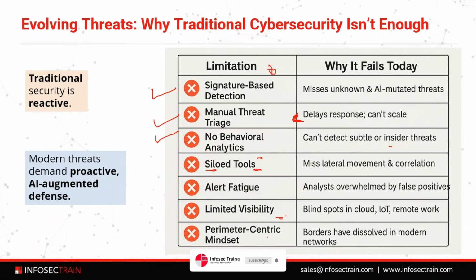Okay. Now, in your traditional approach, we had just the perimeter-centric mindset that, okay, we have this firewall over here that is acting in that perimeter. But now, through zero trust security, you're verifying the user and device behavior continuously, right? Not just in the network perimeter, right?